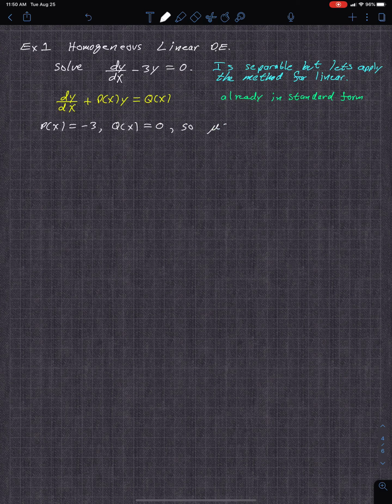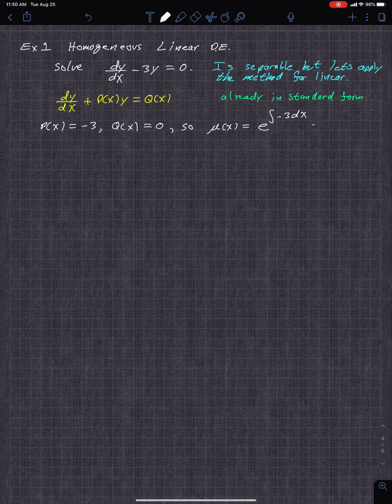So mu of x is our next calculation. Remember, you do standard form, figure out your p of x so that you can do your mu of x. So mu of x is e raised to the integral of -3 dx.